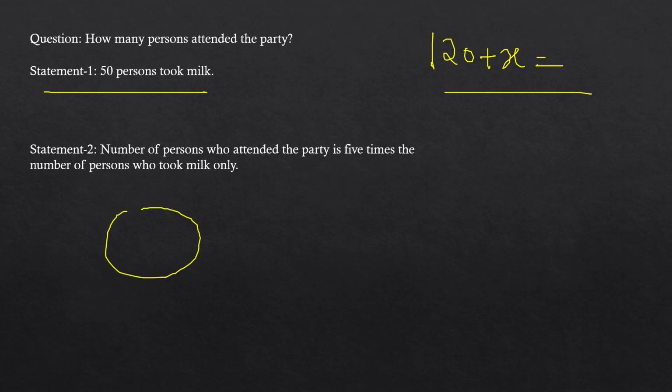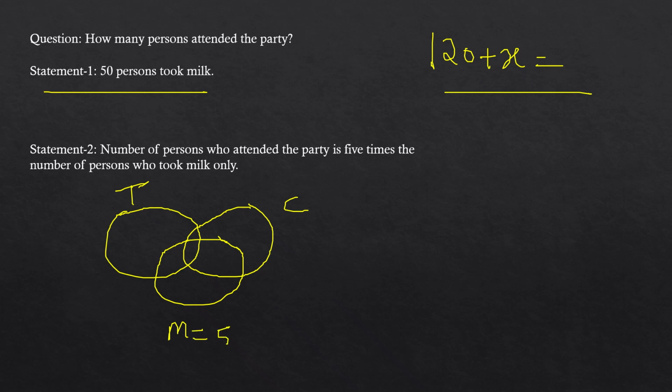Again we will make a Venn diagram. So this is tea, coffee and milk. Now statement 1 says there is a total 50% who prefer milk. And this is already given 60 and 75. And here 15.